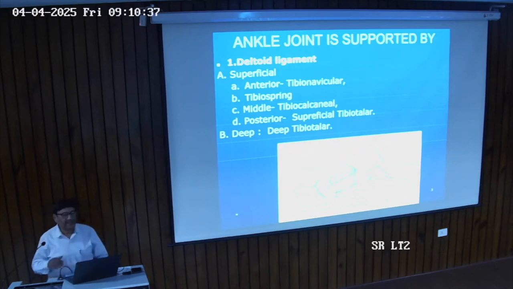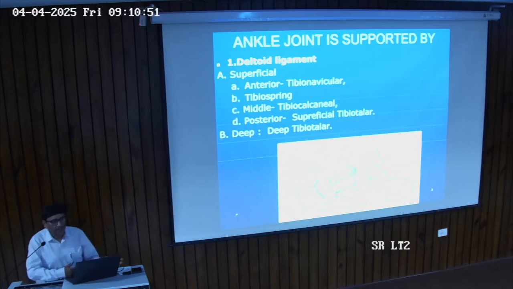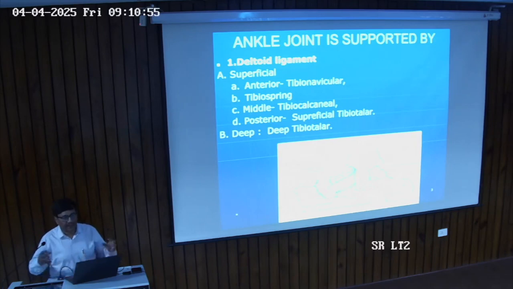On the medial side, there is the deltoid ligament. On the lateral side, there is the lateral ligament of the ankle, which joins the fibula distally to the talus and the calcaneum. And thirdly, it is the tibiofibular ligament or interosseous ligament, which binds together the distal end of the tibia and the fibula. So we need to understand these three ligaments very well and their components.